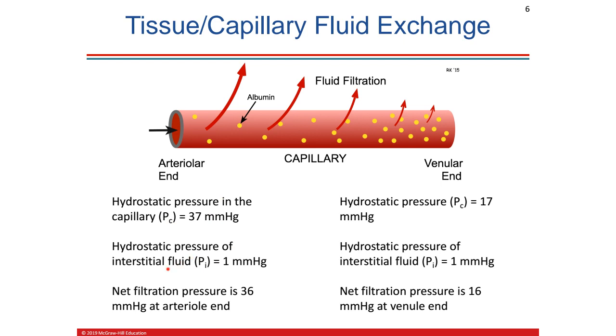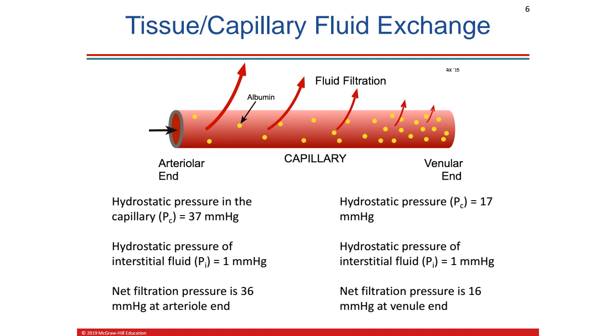The hydrostatic pressure of the interstitial fluid, or P sub I, is 1 millimeter of mercury. Note that it's very low in the interstitial fluid, and the reason for that is that normally you don't allow fluid to build up in the interstitial space. You have fluid there, but the lymphatic system helps to drain this excess fluid out.